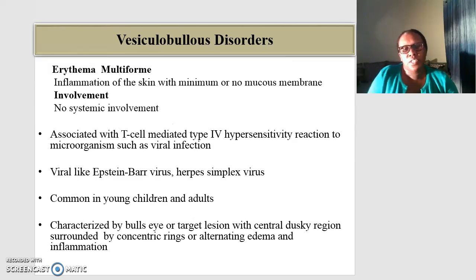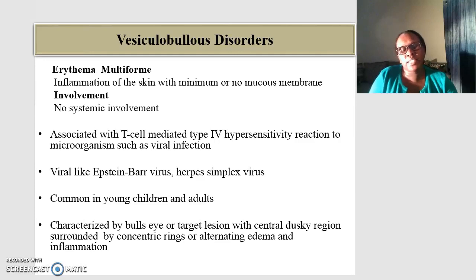The next class of vesiculobullous disorder of the skin is erythema multiforme. This is inflammation of the skin with minimum or no mucous membrane involvement, and there's no systemic involvement.